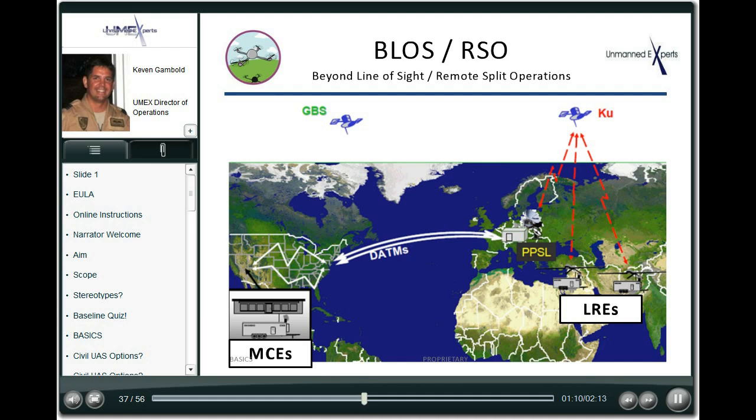So there are systems out there, not necessarily brand new ones, that have that capability. So when we're getting into beyond line of sight, though, we really are talking about a different kettle of fish. This is where you are most likely to have a separation between the launch element and the mission element, as you see here, LRA and MCE.